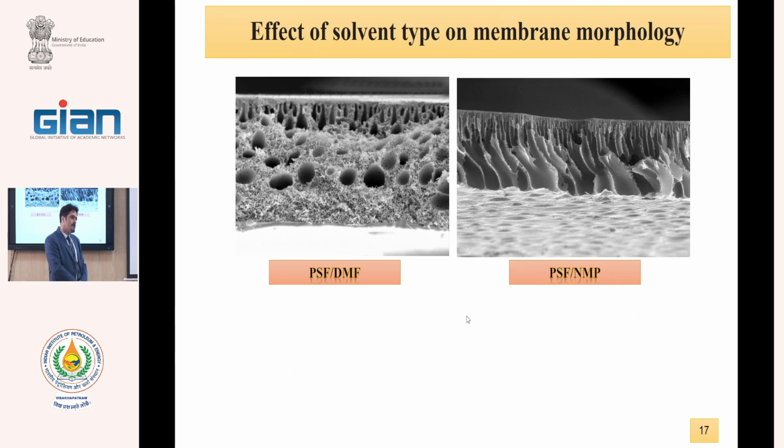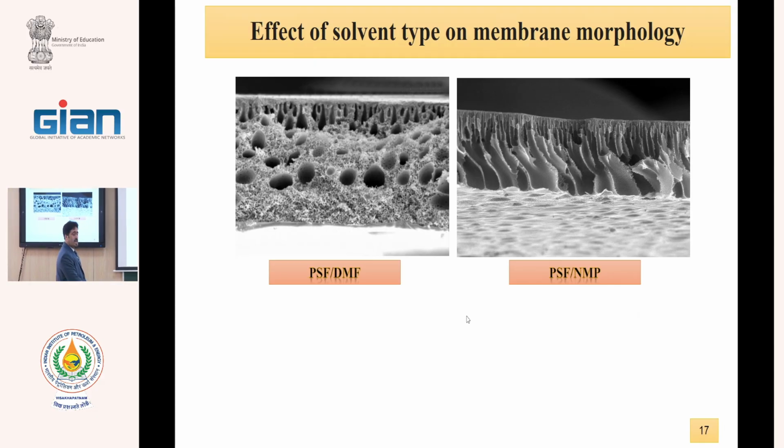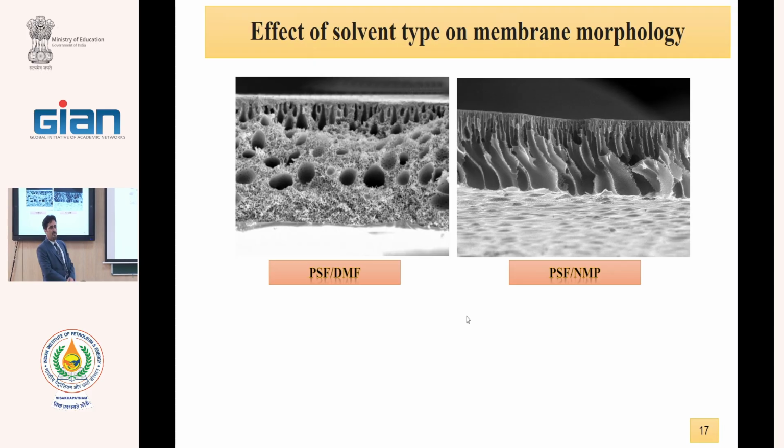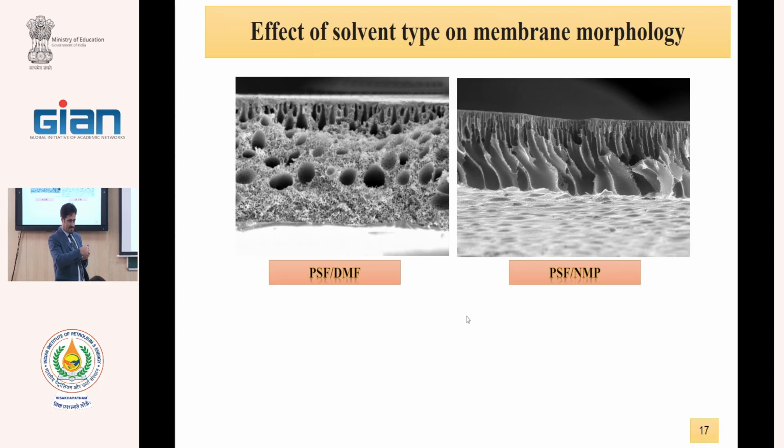If I want to prepare a composite membrane, then how to add? I will discuss nanocomposite membranes tomorrow in the section about composites. For fabrication of composite membranes, we have different methods. The simple method is that we add nanoparticles to the solvent, and for good dispersion, we use ultrasonic radiation.